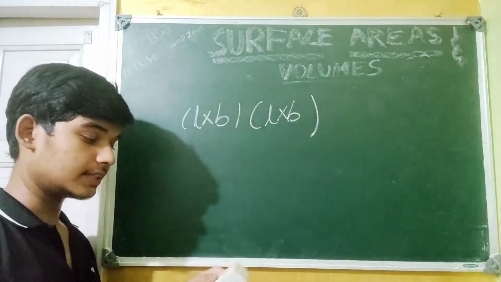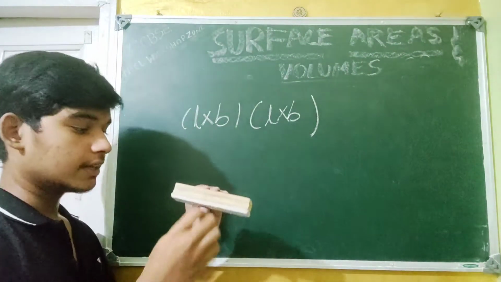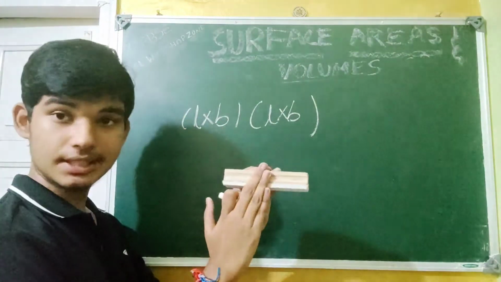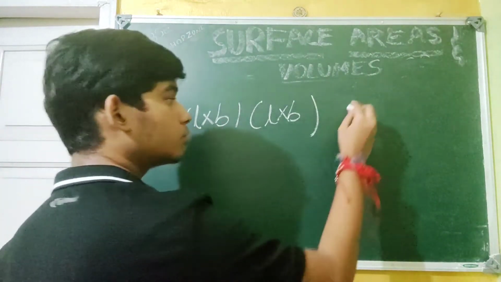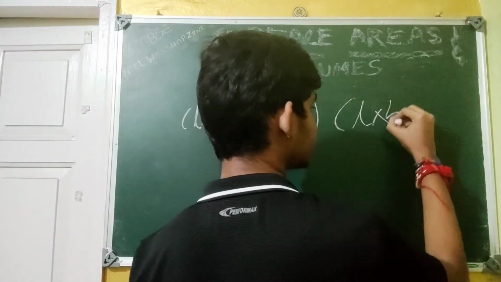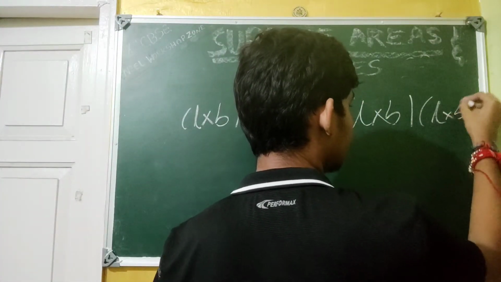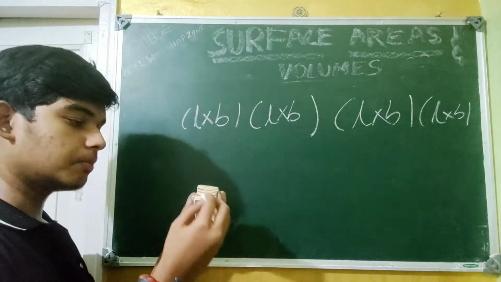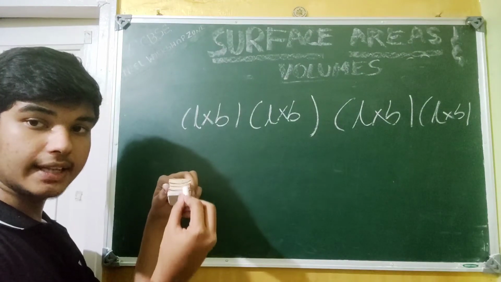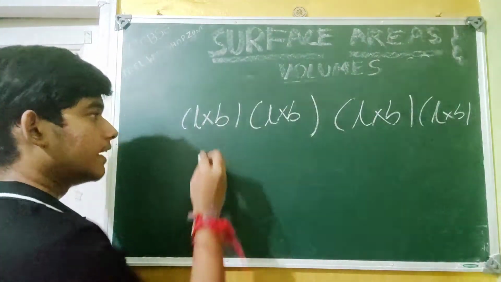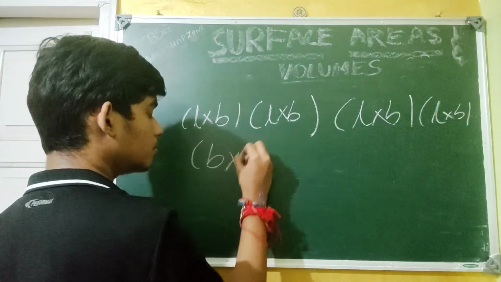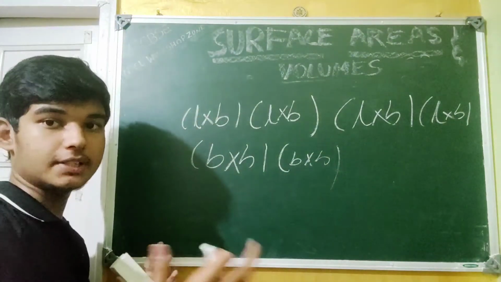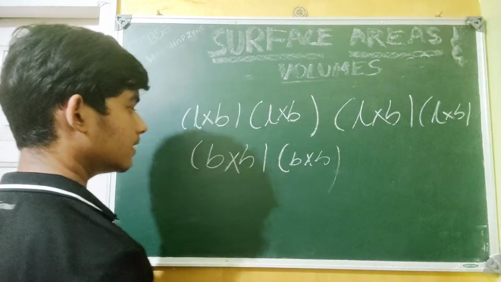Then you have two sides which resemble length into height, this side and this side. And finally you have two sides which resemble breadth into height, the smaller parts. So we have two breadth into heights. We cannot use this long expression as a formula, so we obviously need to shorten it down.